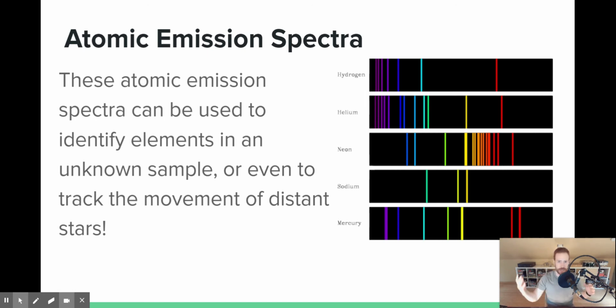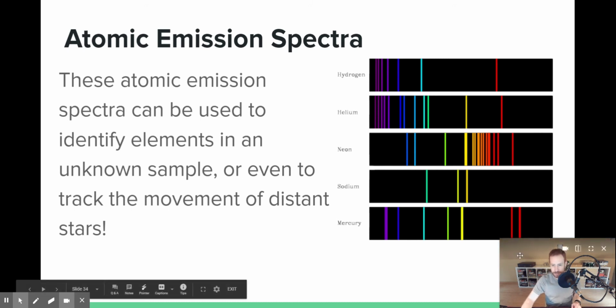You could still excite all of the elements, gather a full atomic emission spectra, and then just use a computer, or use your own knowledge if you're really good at this, to identify special wavelengths, signatures within the signature that will tell you that certain things are there.